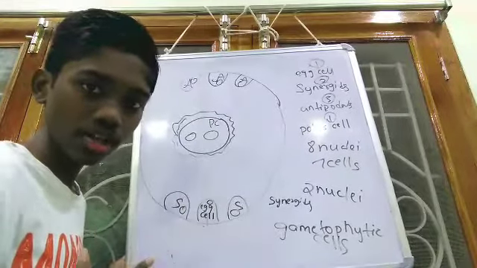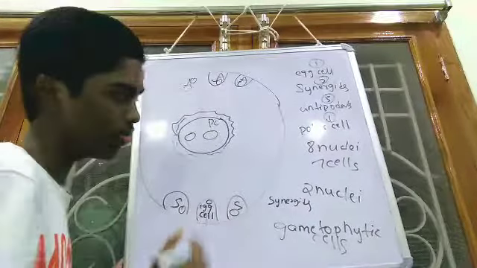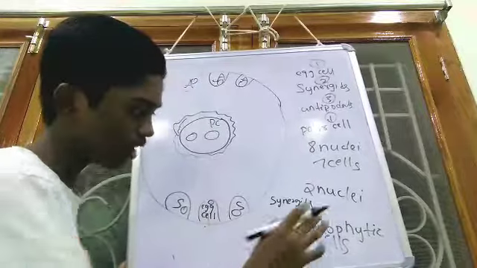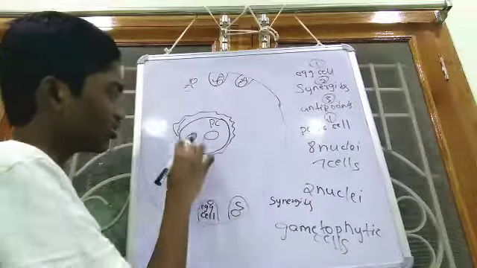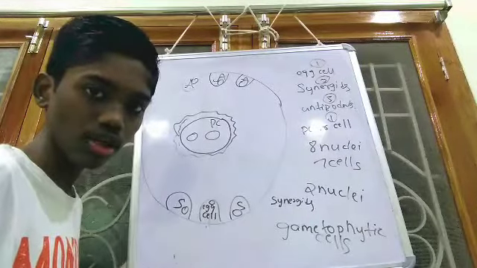For example, in a human being there are millions of cells. Like that, here also this tissue is composed of gametophytic cells, a group of gametophytic cells forming this microscopic sac-like tissue which helps in storing food and water.